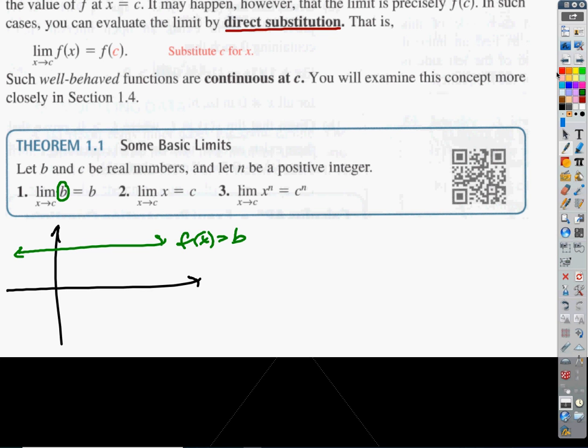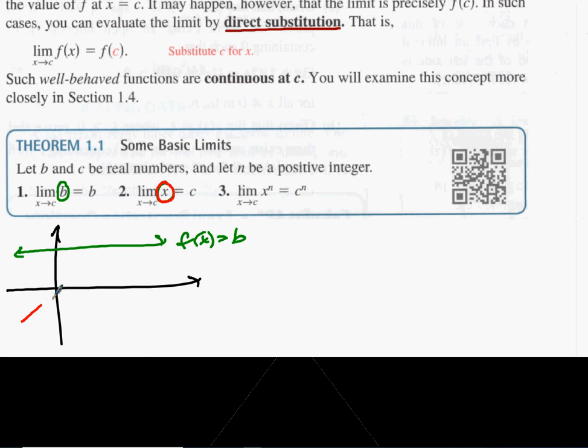Okay, what about this one? Now we've got the function f of x equals x. Well, that's just a diagonal line through the origin with a slope of 1, isn't it? y equals x. And so now if x approaches a value of c, well, if my x coordinate is c, what's my y coordinate going to be?